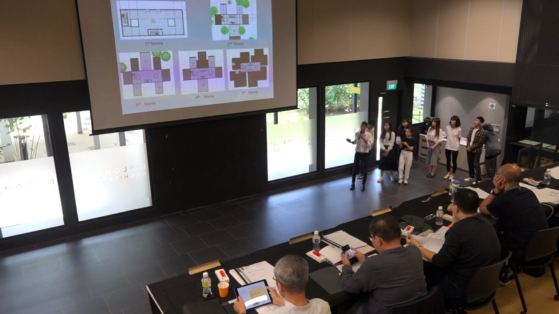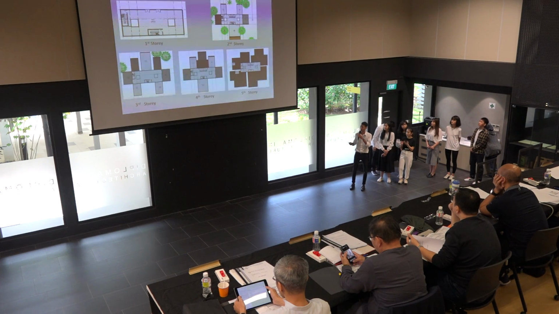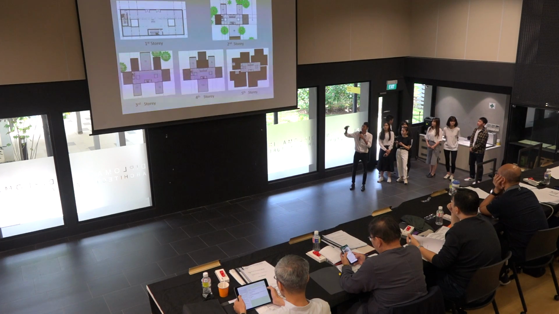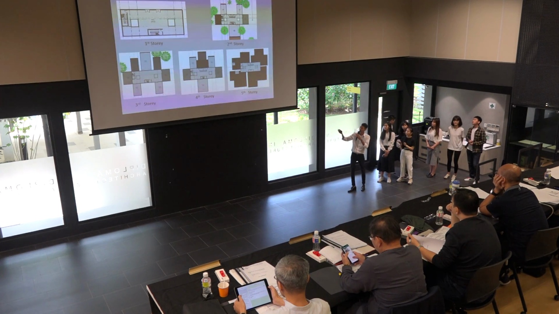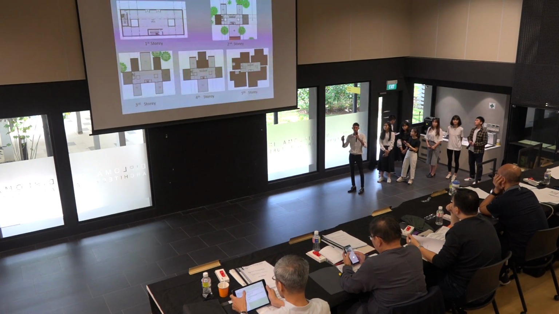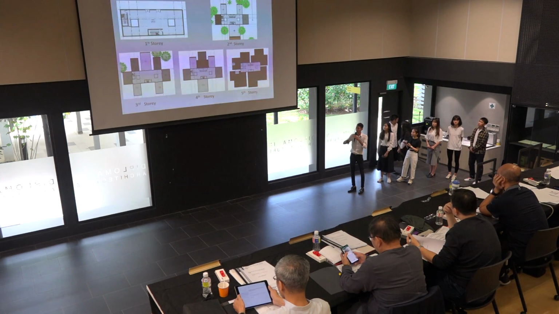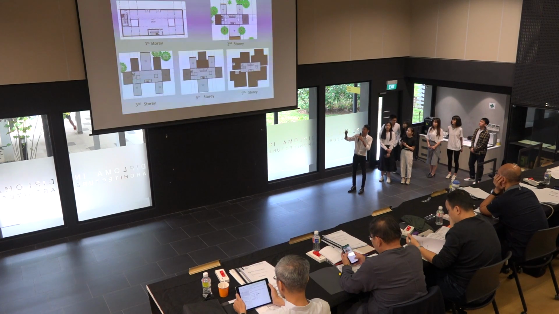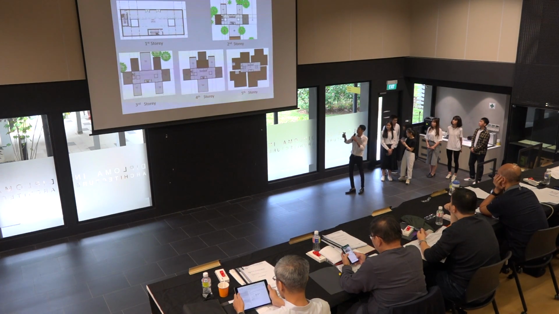As he said just now, we followed the tree concept, where the rooms that you see on the slides are the so-called branches, and we have a center core where the lift core and the staircase are.